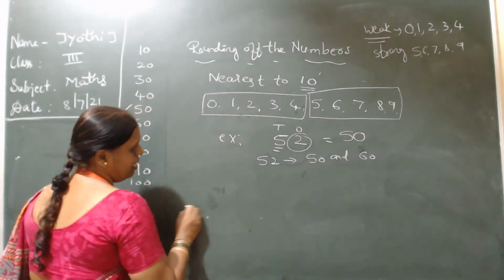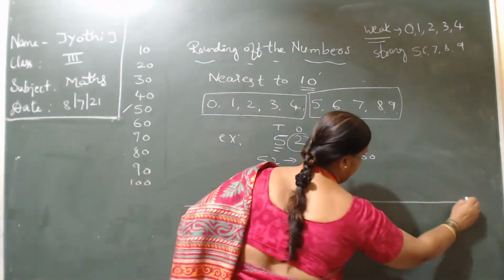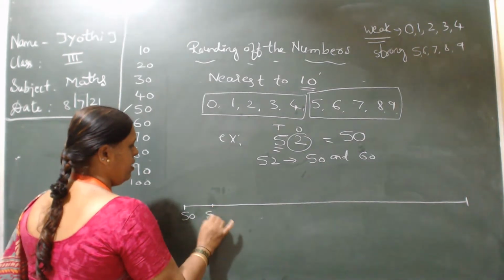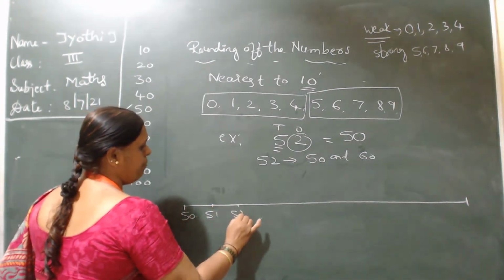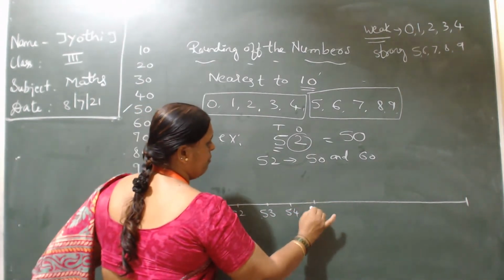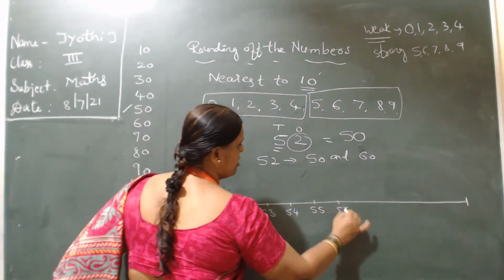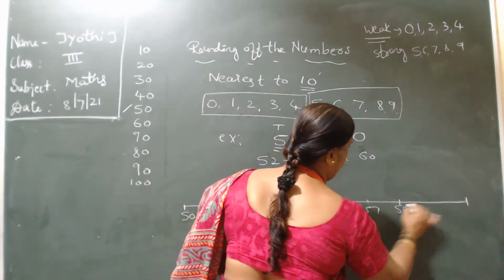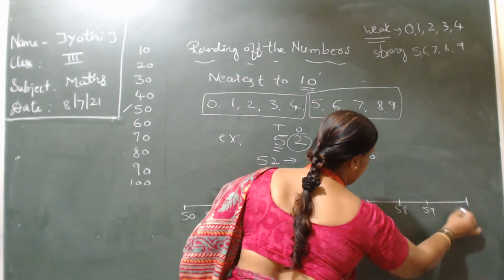Now see the number line. So 50, 51, 52, 53, 54, 55, 56, 57, 58, 59 and 60.